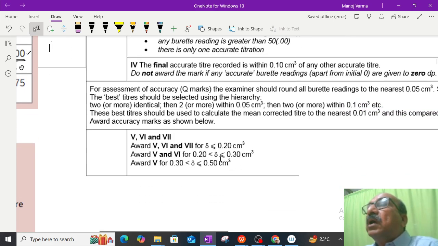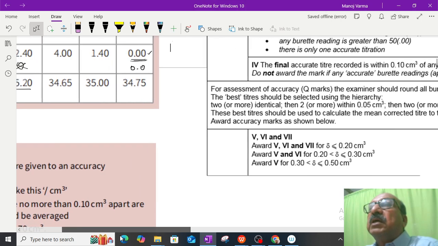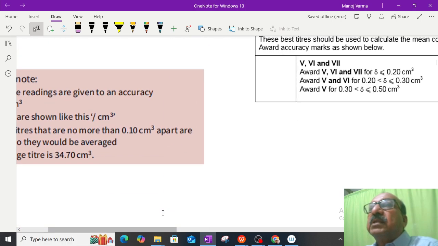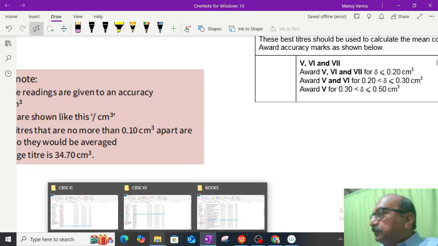So now, it depends on how much you are deviating from the actual value, right? Let's suppose that after averaging, you got the reading of 34.7, right? 34.7.